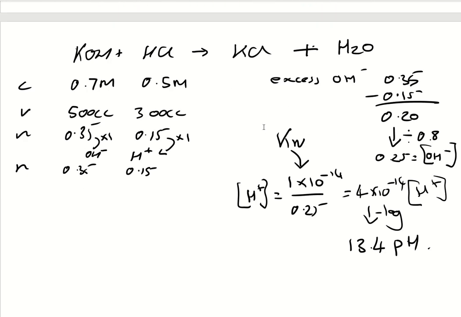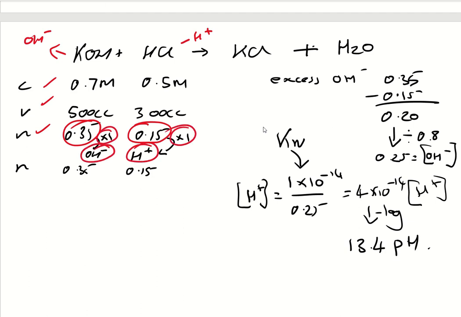Same question again, except this time we have a different concentration and volume. Again, remember, KOH gives me 1 OH- and HCl gives me 1 H+ per mole. So there's my moles of potassium hydroxide, that's my moles of acid. I want to get to moles of H+ ions and moles of OH- ions, so I multiply those by 1, which of course gives me the same value.